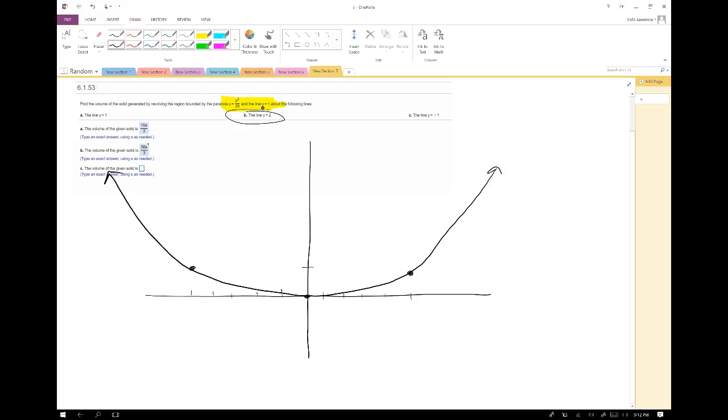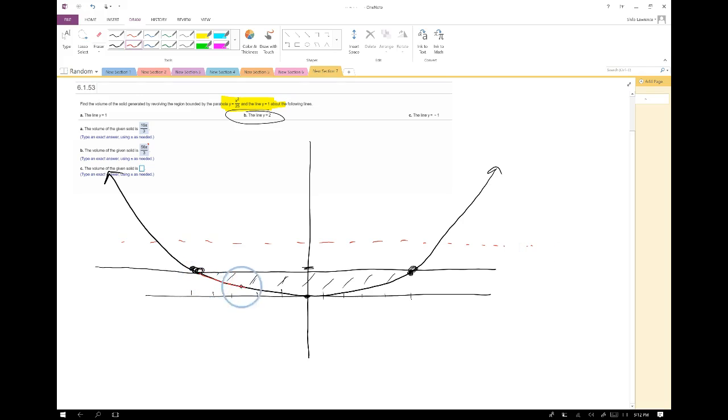And then we also want the line y equals 1, which is just a horizontal line that goes through y equals 1. So this is the region that we're talking about here, the region enclosed by y equals x squared over 25 and y equals 1. Then we're asked to revolve this around y equals 2, which is right here.